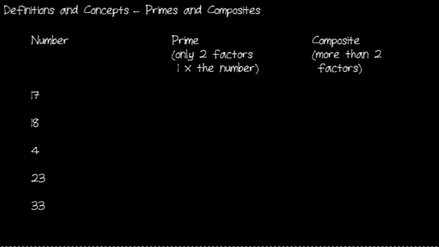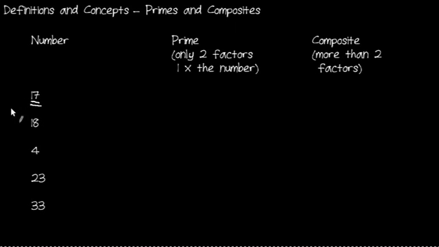So let's try and determine whether these numbers are prime or composite. The definitions that we have there: prime, only 2 factors, 1 and the number, or composite, more than 2 factors. So let's first look at the first one, which is 17.